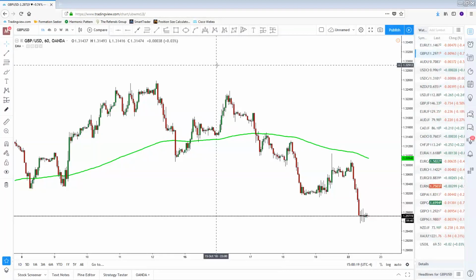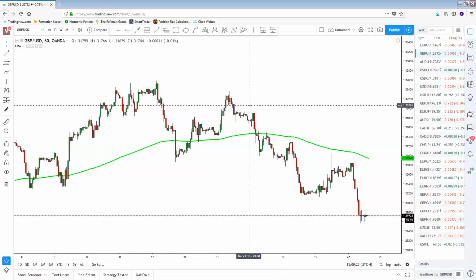Before I get started, because we will be going over the live market here, I am required to read a risk disclaimer when trading Forex. Trading foreign exchange on margin carries a high level of risk and may not be suitable for all investors. Past performance does not indicate any future results. The high degree of leverage can work against you as well as for you.